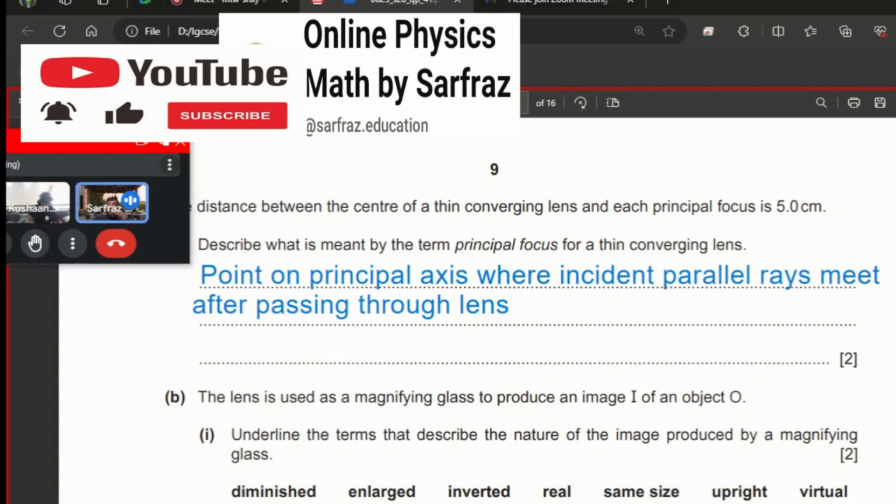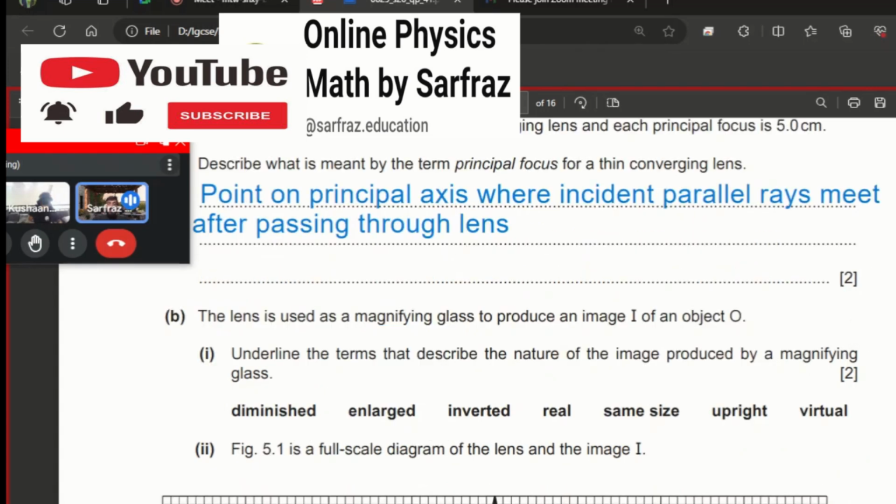Next question says that the lens is used as a magnifying glass to produce an enlarged image of an object. Underline the terms which describe the image produced by the magnifying glass. It is a converging lens, and he is telling that it's a magnifying glass in the question.